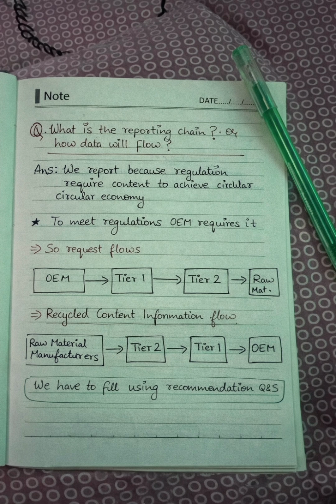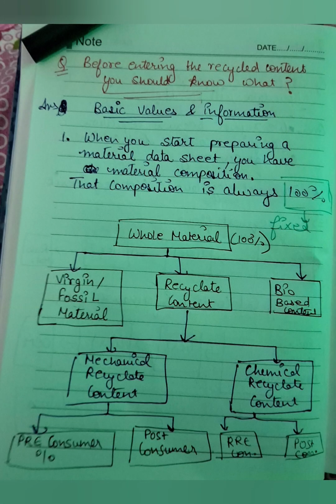The most important concept in the whole recommendation, and once you get this, everything else clicks into place. Every percentage you enter in the IMDS dialog is relative to its parent, not relative to the whole material. Picture it like a tree. At the very top, you have the whole material, 100%.